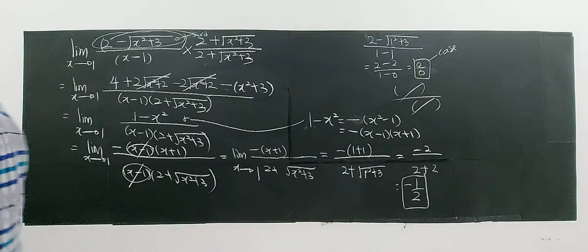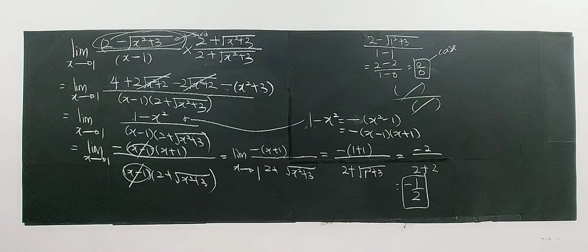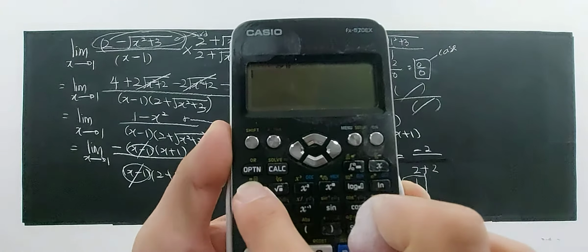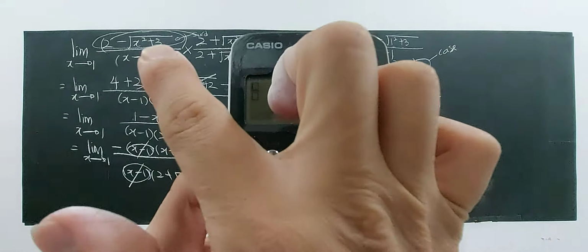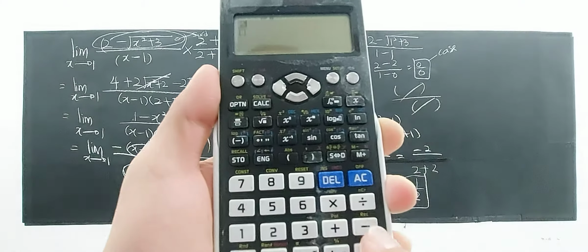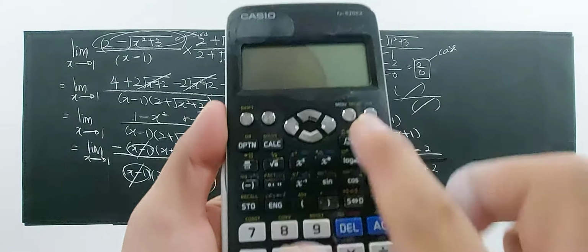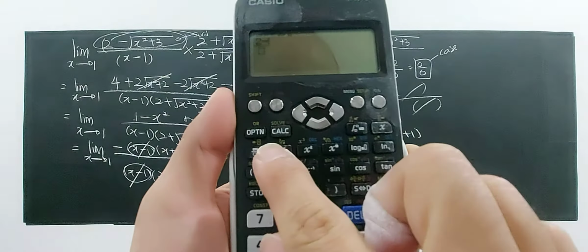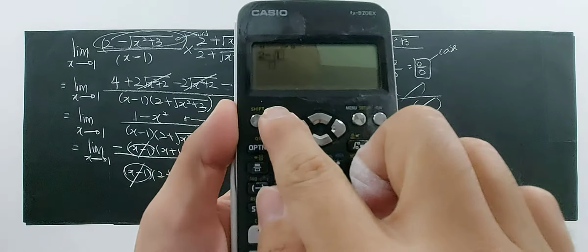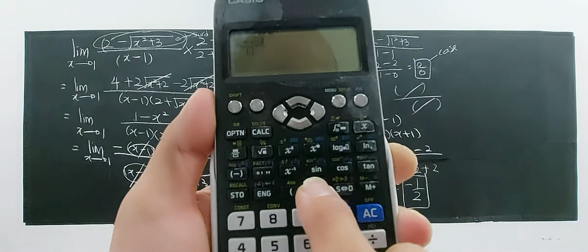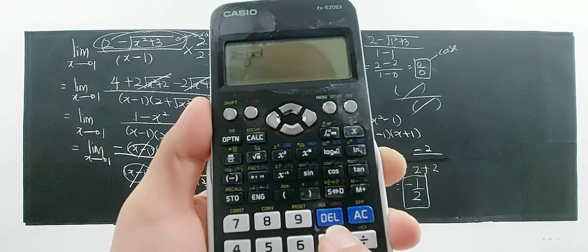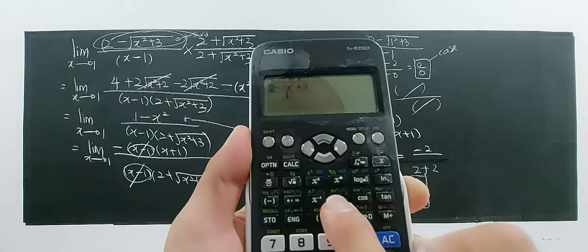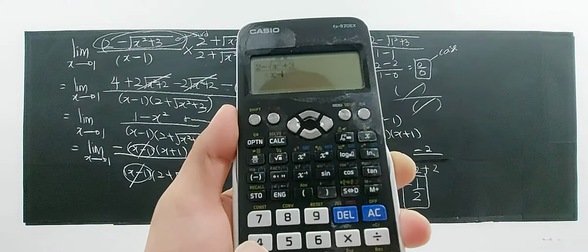Okay, again, I show you one more time the way of using this calculator. I have shown you many times, so I hope you can really understand. So now I key in 2 minus square root of alphabet x squared plus 3, then alphabet x minus 1.